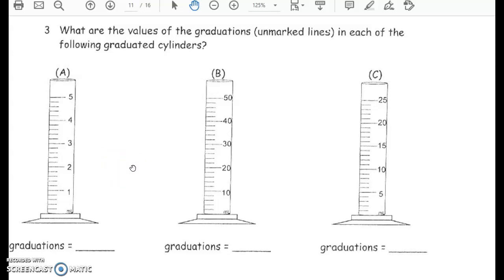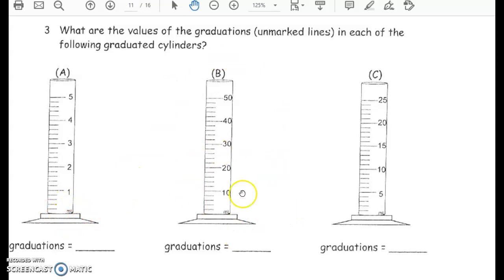That means each one of these is going to be what? 1.2, 1.4, 1.6, 1.8. So these graduations down here are going to be 0.2 ml, milliliters. You can see this ml down here in the corner.